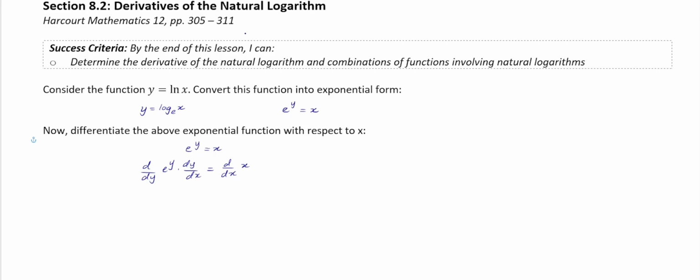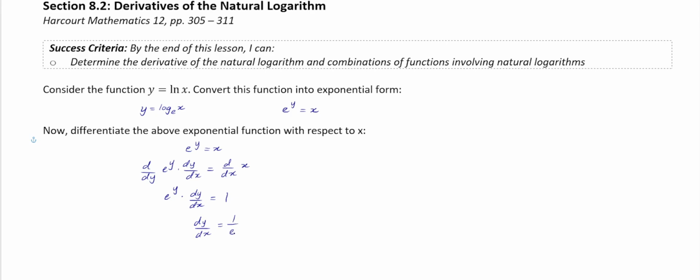Okay, so if I look at this right here, I recall that taking the derivative of the exponential function with base e simply returns the original function. So I have e to the power of y. I still have dy dx, and then the derivative of x with respect to x is simply just 1. I need to isolate for dy dx, so I'm going to bring the e to the y over to the other side.